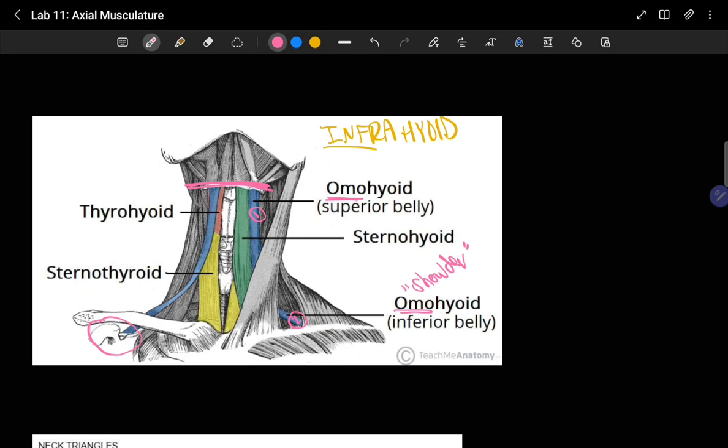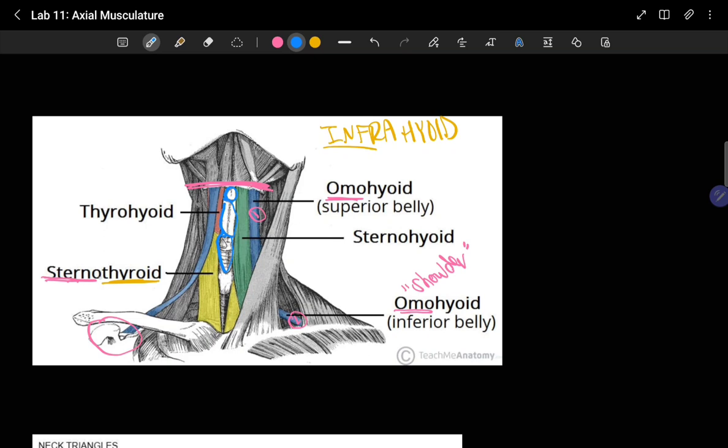Sternohyoid is kind of the next one here in yellow. Sternothyroid. Got to be careful with those names. Sternothyroid is attaching from the sternum to the level of our thyroid gland and our thyroid cartilage. So we are not going to focus on cartilage in this class, but it might be helpful to know.